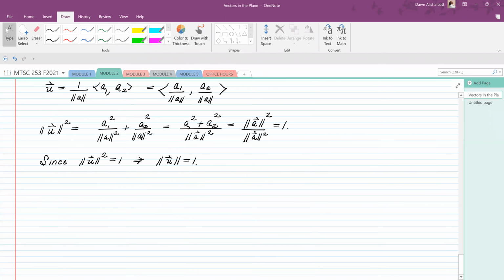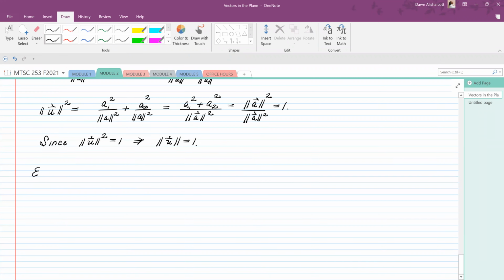So here's an example. Find the unit vector in the same direction as, let's say, v equal to 3, -2.